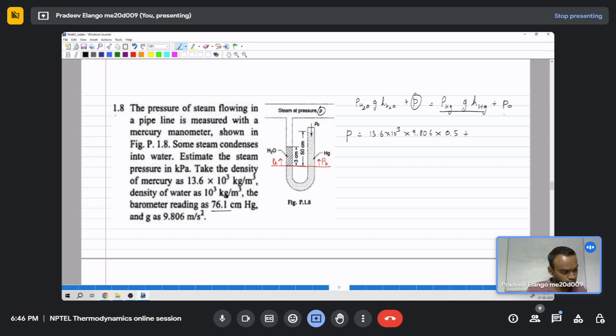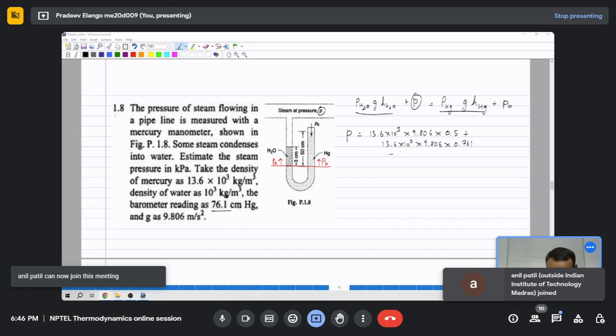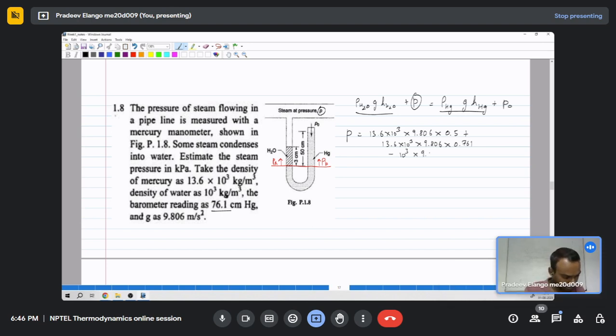So again 13.6 into 10 power 3 into 9.806 into 0.761, and then this term will be on the right side, and that becomes negative: negative of the water column. So water density is 10 power 3 into gravity 9.806 into the height of the water column, which is 3 centimeters, so that is 0.03 meters.